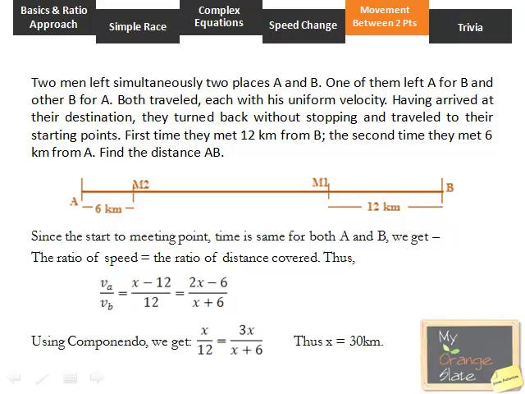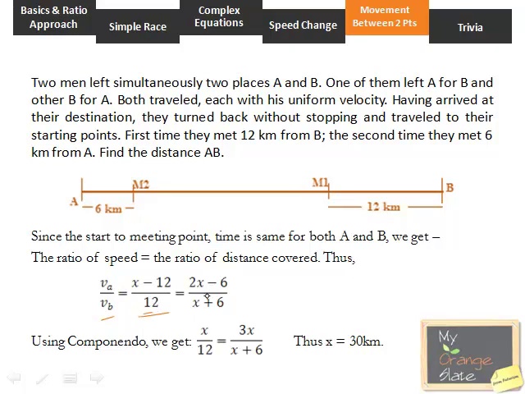Once again, for the first meeting, A covers distance equal to x minus 12 kilometers, whereas B covers distance equal to 12 kilometers. Since time is same, we know that ratio of speed is equal to ratio of distance traveled.